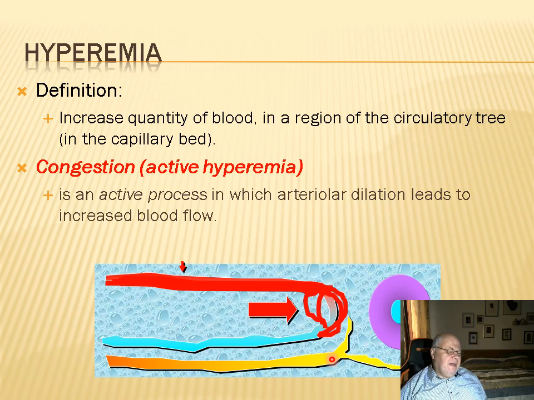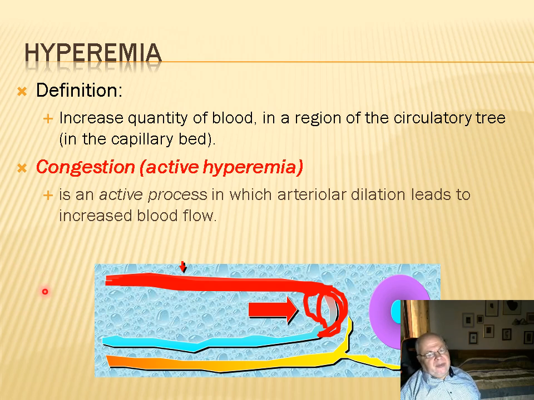Our concept here to make this separation comes from German literature, and this is how we traditionally teach this subject. As I said, the separation is made because the mechanism for congestion and stasis is different.